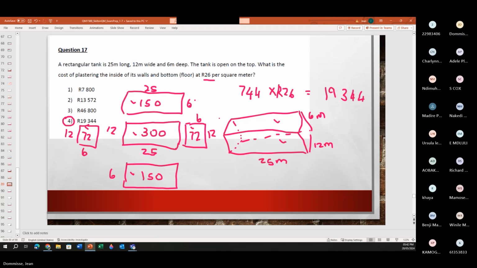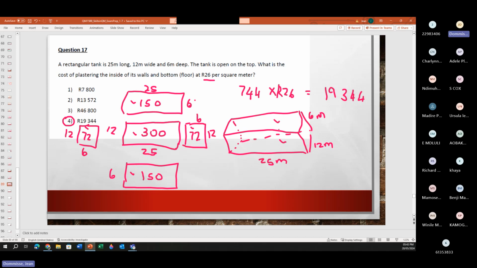19,344. Okay, so very important, what we needed to do is work out the area of the plastering. For that, we need to work out the area of the back wall, the area of the 2 side walls, the area of the front wall, and the area of the bottom.